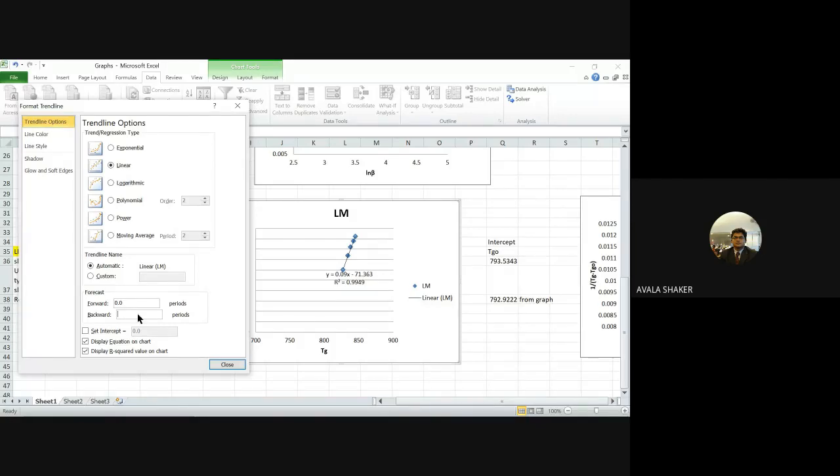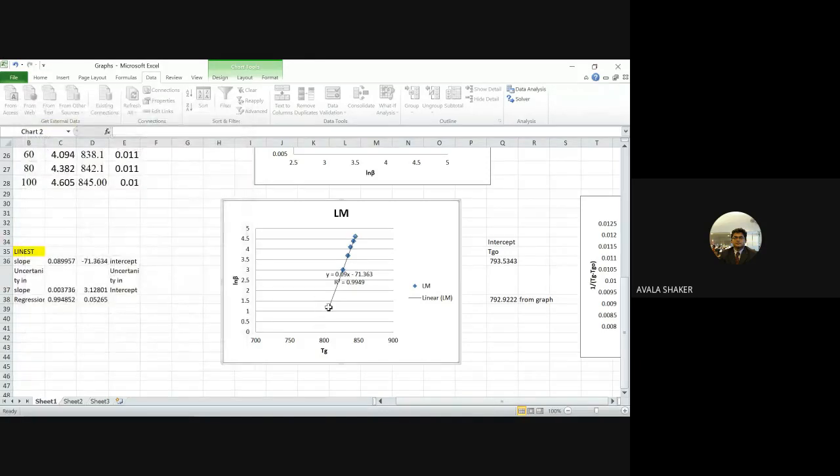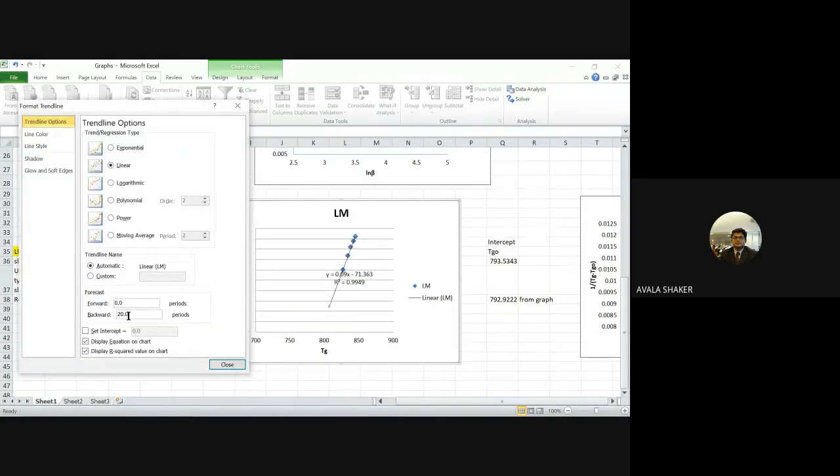Let's say backward 20 periods. So it has come till here. You're basically trying to extrapolate this backwards so that you get an intercept.